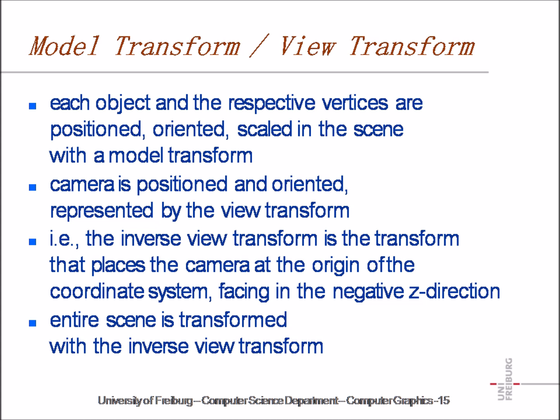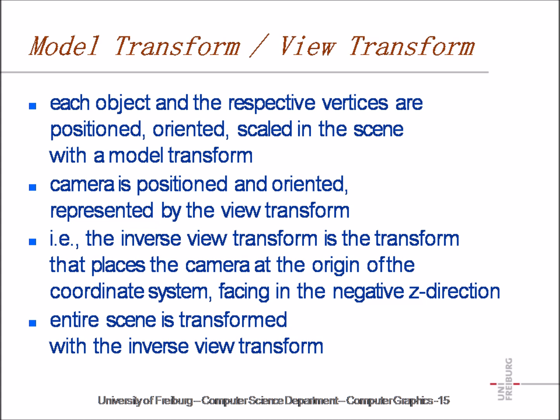During this transformation, the view transformation becomes the inverse view transformation, that is, the transform that places the camera at the origin of the coordinate system facing in the negative z direction. It means the coordinates in the 3D scene are inverted to be represented on the 2D screen image.